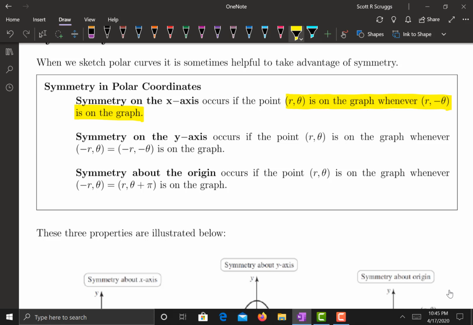So next thing is symmetry about the vertical axis, and this is going to occur whenever I have negative r, which means I start off on the negative values for r, and I rotate clockwise.